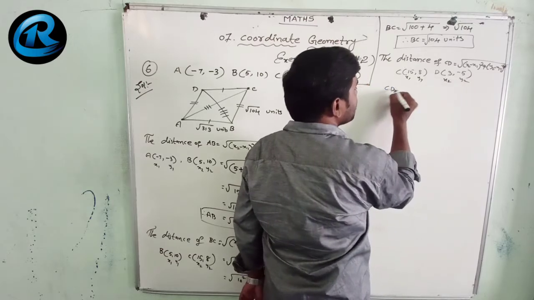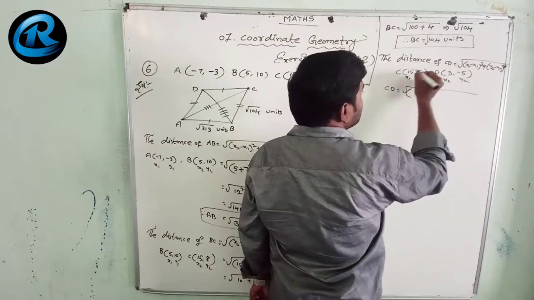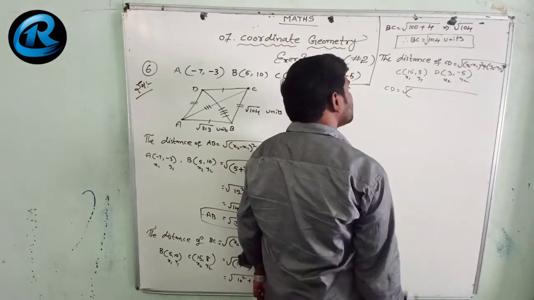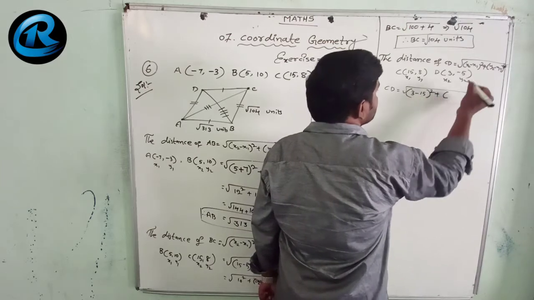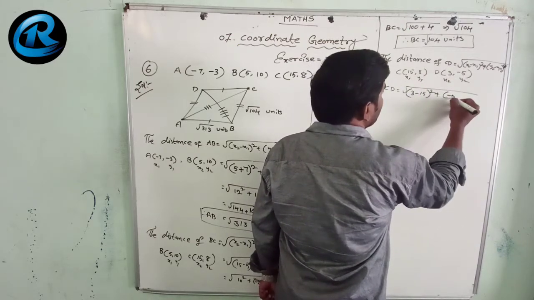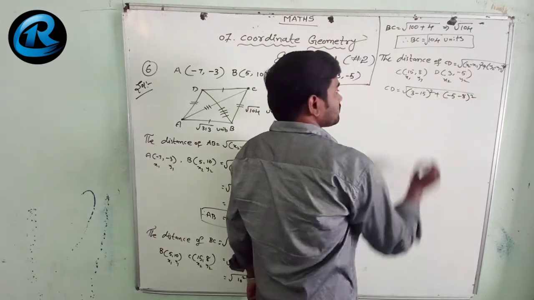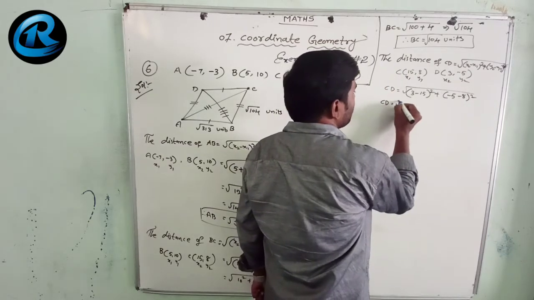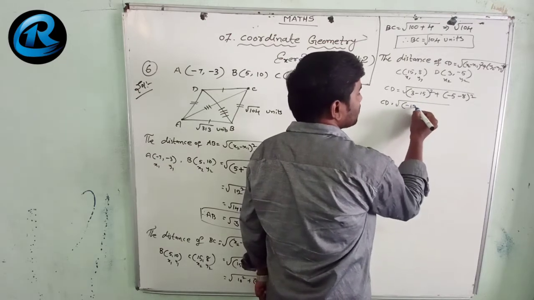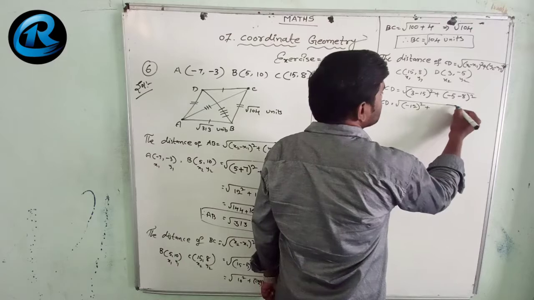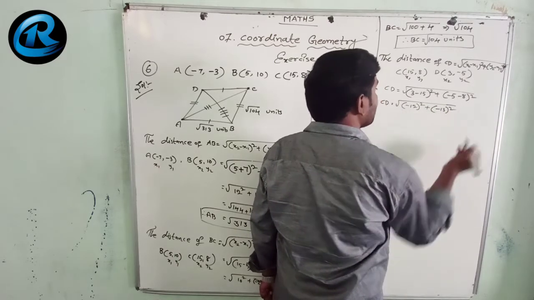Let us substitute: CD equal to under root of (x2 minus x1), 3 minus 15, whole square, plus (y2 minus y1), minus 5 minus 8, whole square. Where CD equal to under root of minus 12 whole square plus minus 13 whole square.